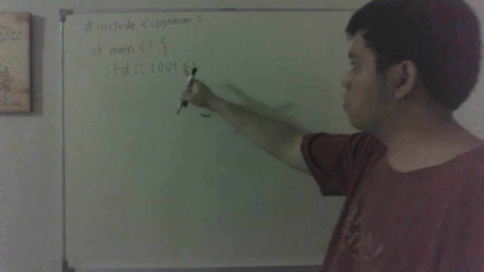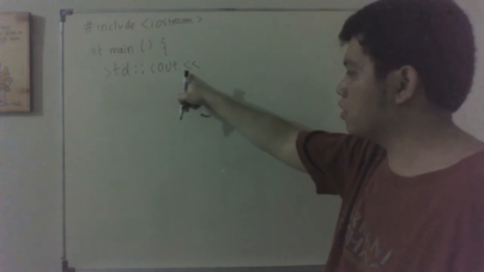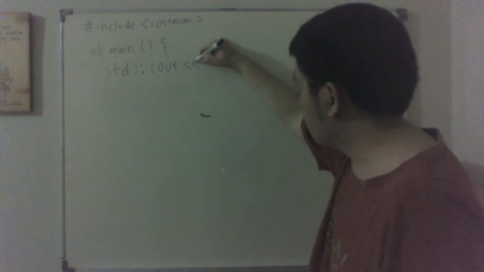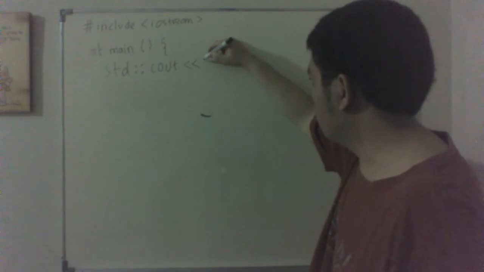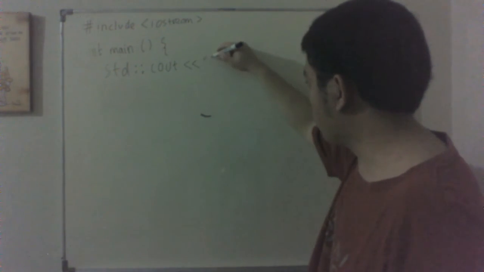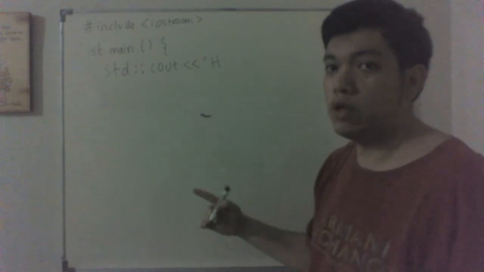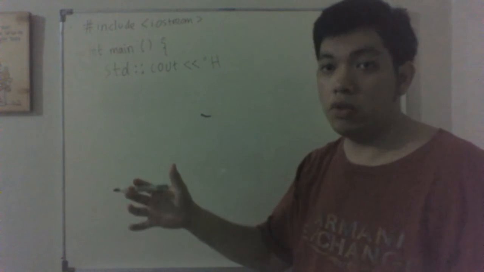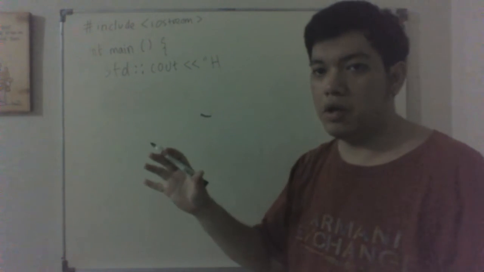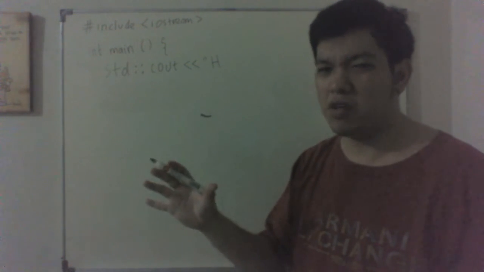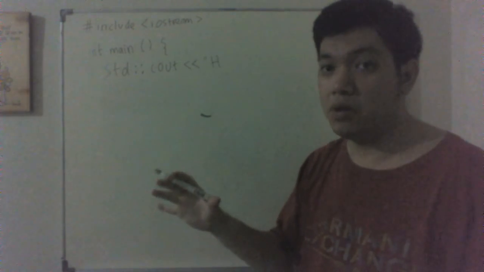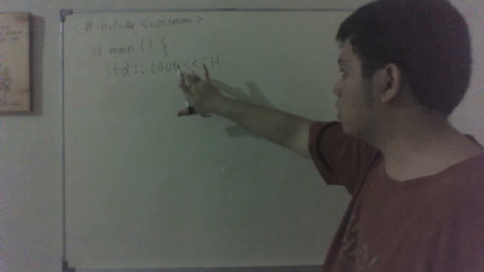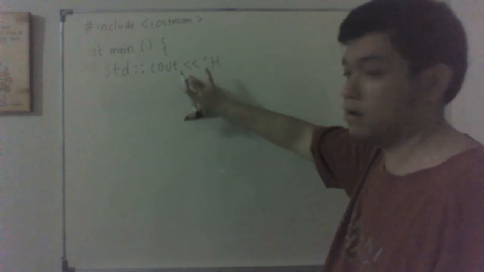this less than sign, you put it twice, right? And then directly whatever data you want to be shown on the command prompt or DOS screen, that black screen, the terminal, I'll put it directly after the double less than sign, right?